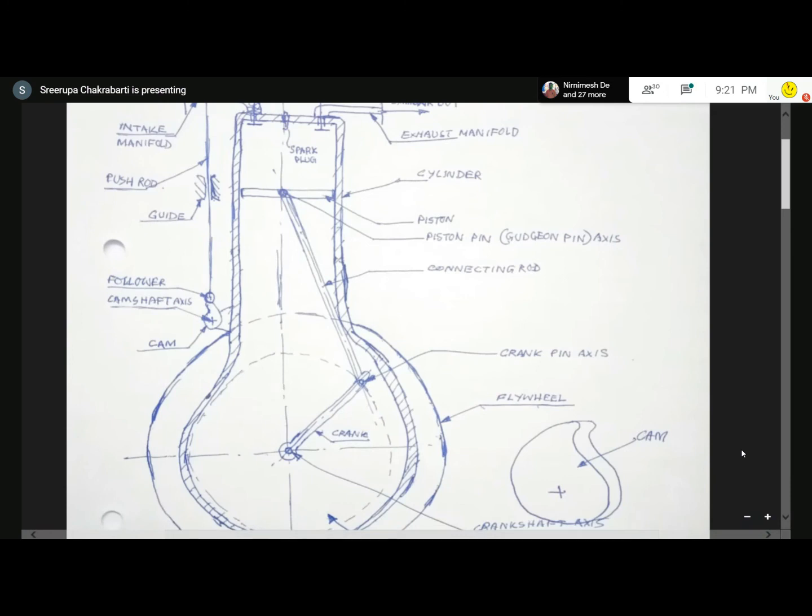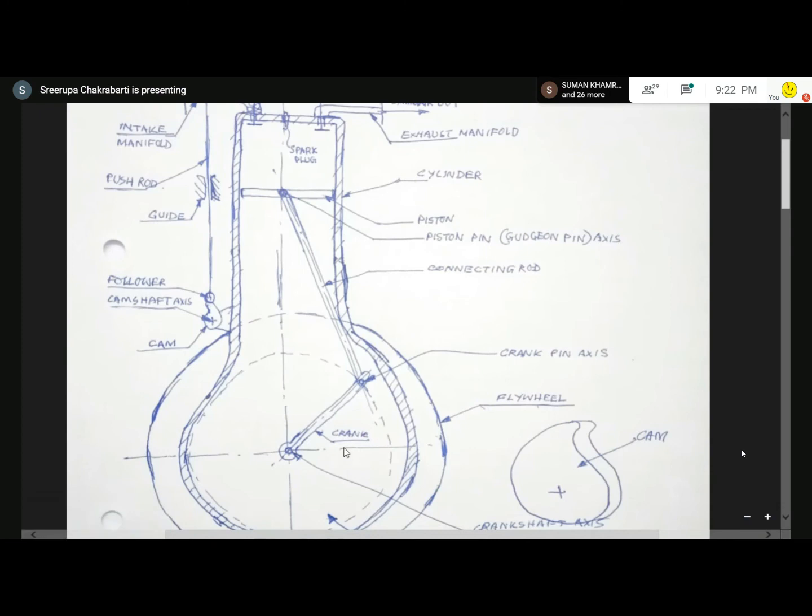This journey corresponds to compression. This is the rotation of the crank for suction, this is for compression, this is 360 degrees, then this is expansion, and this is exhaust. You understand? Can you relate the journey of the piston to the journey of the crank?